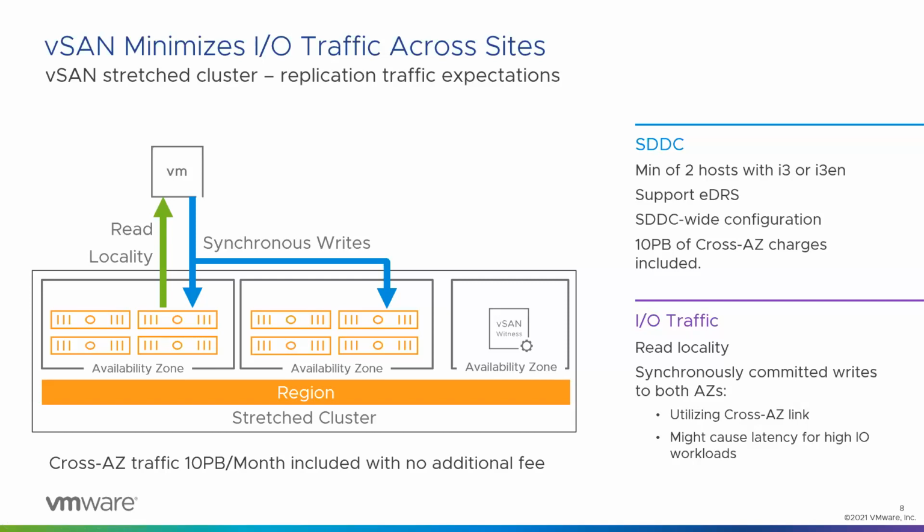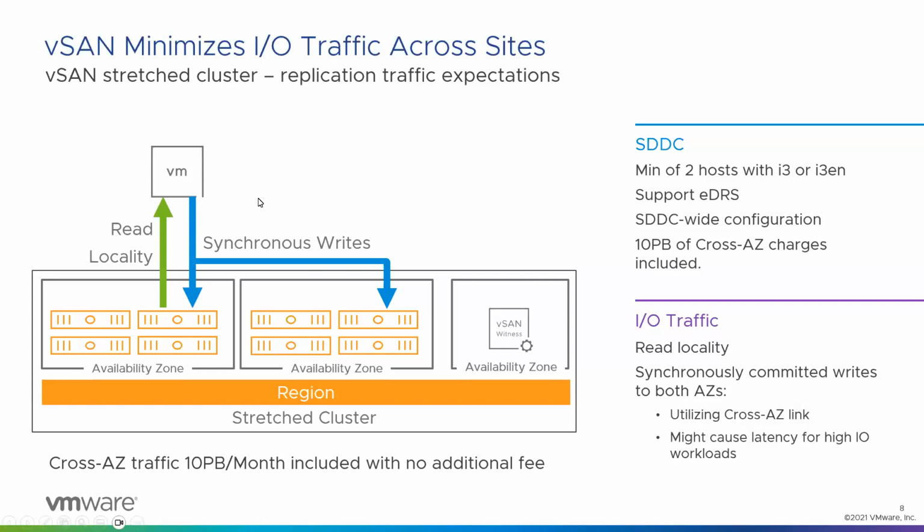So would it make sense to use a database technology, like, for example, SQL Server Always On, that would replicate all transactions in real time, in addition to vSAN replicating all the traffic? You can do that. However, that would double the IO flowing across the same cross AZ link, probably hitting your performance one more time, right?